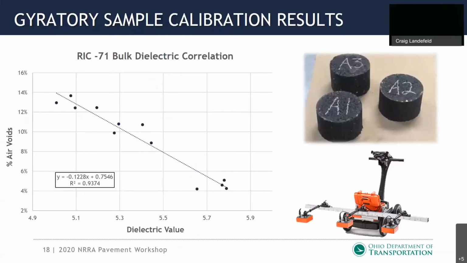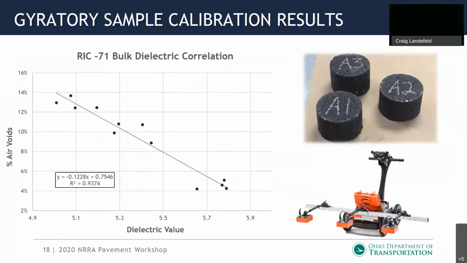So one thing that's been really exciting to us is something that Kyle and Di and the guys at Minnesota and from GSSI had brought to us as part of our pooled fund project, which was using some of the gyratory samples to build these calibration curves. And why this is so interesting to us is that, one, it doesn't require any core collection from the road, which is some destructive testing, but it's also a safety aspect for us.